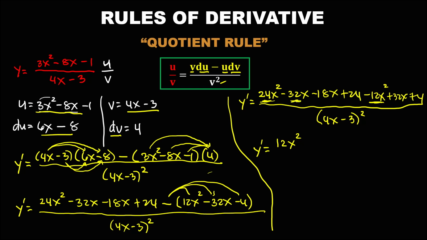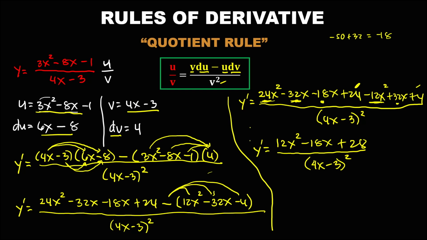This negative 32 and negative 18, negative and negative, so you add, this is negative 50, negative 50 plus 32 is negative 18, so we have negative 18x. Then for this positive 24, positive 4, that's positive 28, then over the quantity of 4x minus 3 to the power 2.